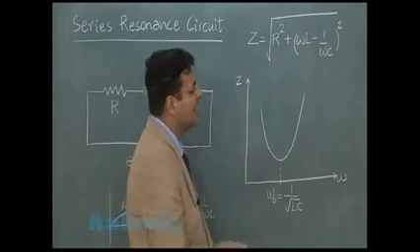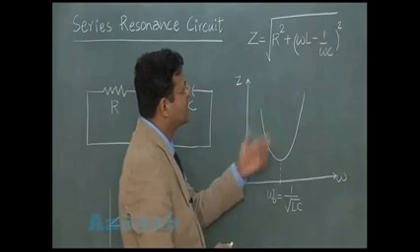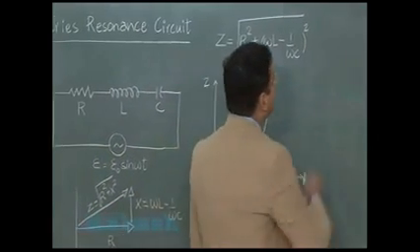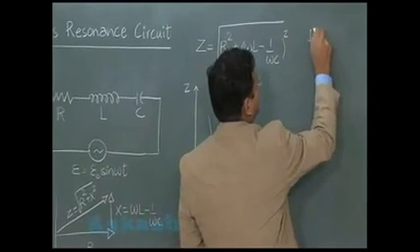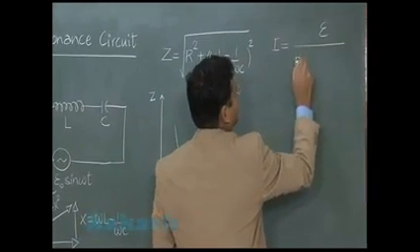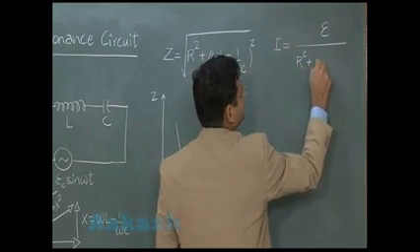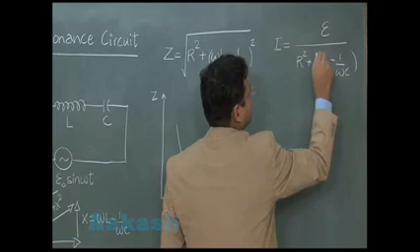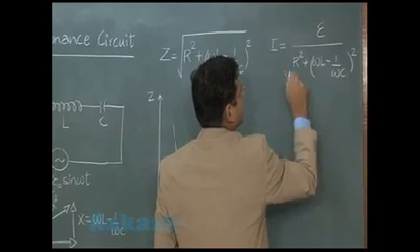And on similar lines, in case you are interested in plotting the value of current, the expression for current is simply EMF upon the square root of R square plus (omega L minus 1 by omega C) whole square. You understand?